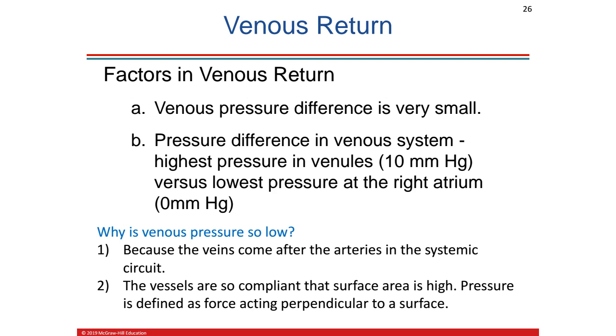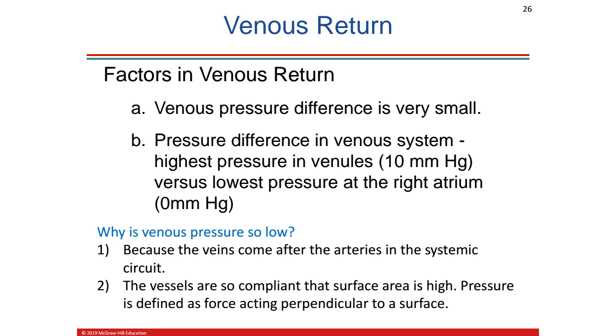So it's very low. This means that pressure is a driving force, but it's not as much of a driving force for the movement of fluid within the venous system. And that's why we have certain things which we'll talk about in a second, such as the respiratory pump and the skeletal muscle pump. There are a whole bunch of different mechanisms that you have in your body to help move blood back in the venous system towards the heart.